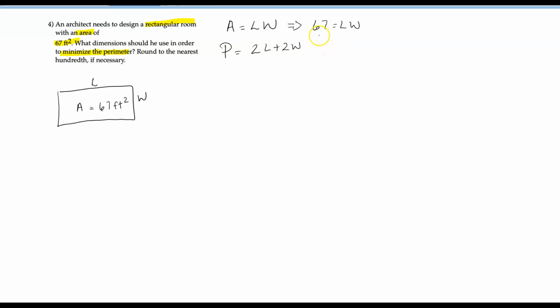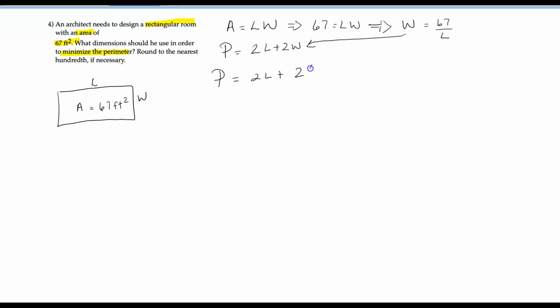So now that I've got that, I'm going to use my formula for area, and suppose that I say the width W equals 67 divided by L. Well, this is interesting. I'm going to take it and substitute in for my perimeter, and I've created a scenario where I'm going to have to take a derivative.